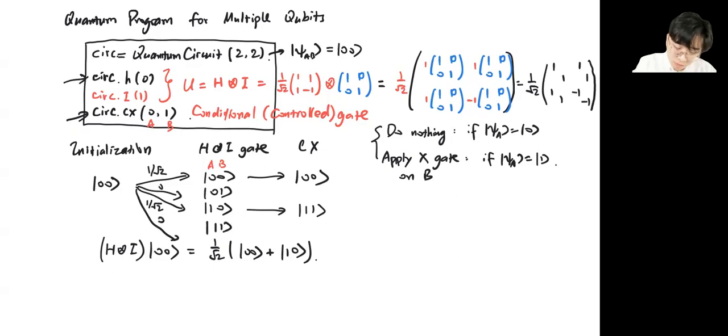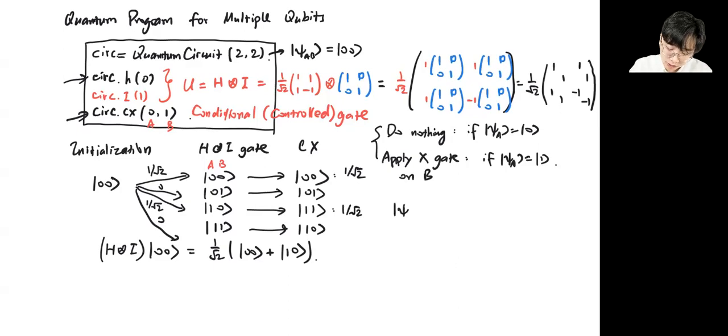Let's see what it does on the other two bases. In this case, A is 0, so it does nothing to B. And finally, in this case, A is 1, so we flip it back to 0 for B. The coefficients for the four bases here again now is 1 over root 2 for the first one, and 1 over root 2 for the third one, and 0 everywhere else.